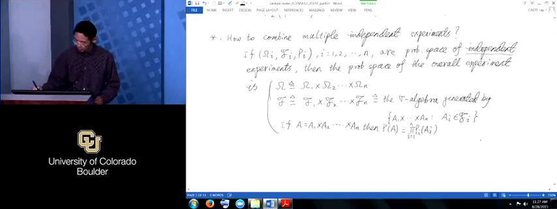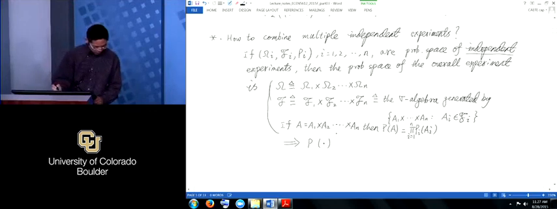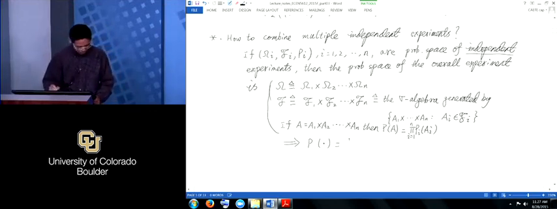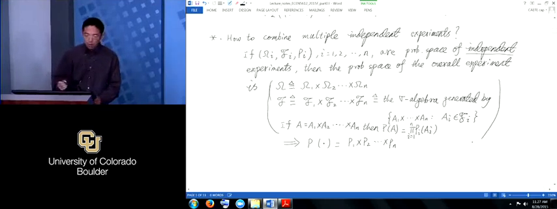And this would produce a P, represented by P1 times P2 times up to Pn.